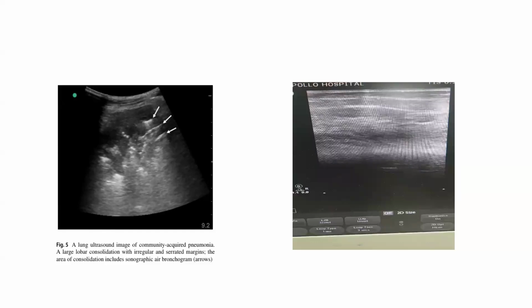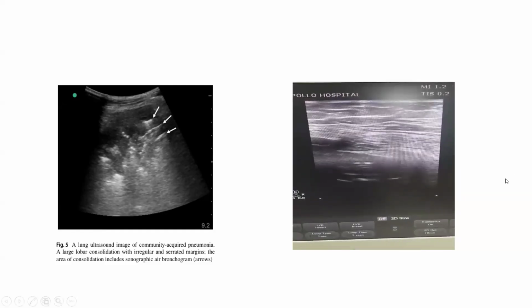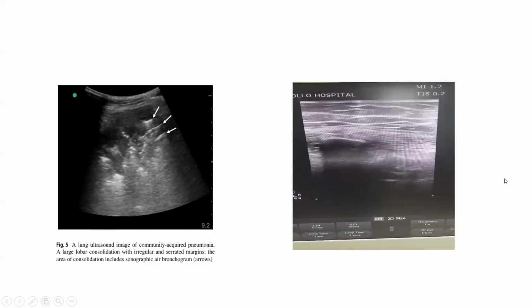This starry sky appearance is produced when there is a large lobar consolidation with serrated margins, and our ultrasound was also looking like a starry sky because it was a large pneumonia.